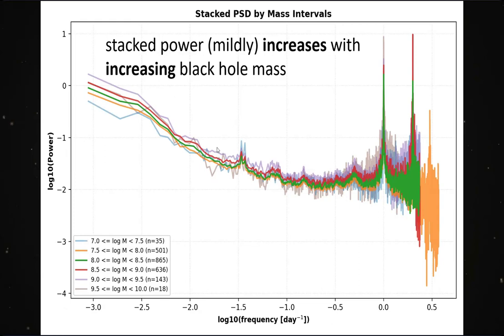When the black hole mass increases here, the stacked power increases mildly, right? And of course, this brown source has only 18 objects, and so it doesn't exactly follow this pattern throughout our graph, right? So we can state for this analysis that stacked power mildly increases with increasing black hole mass.